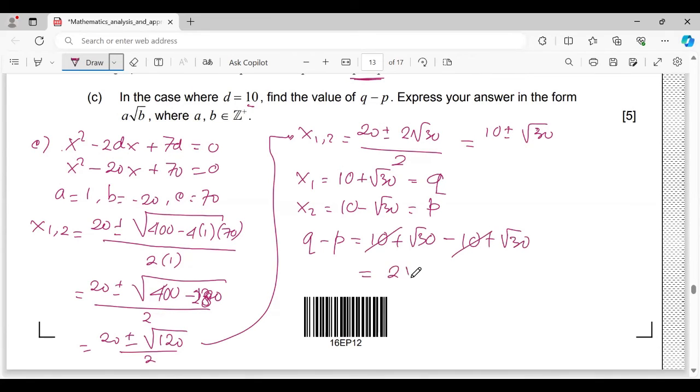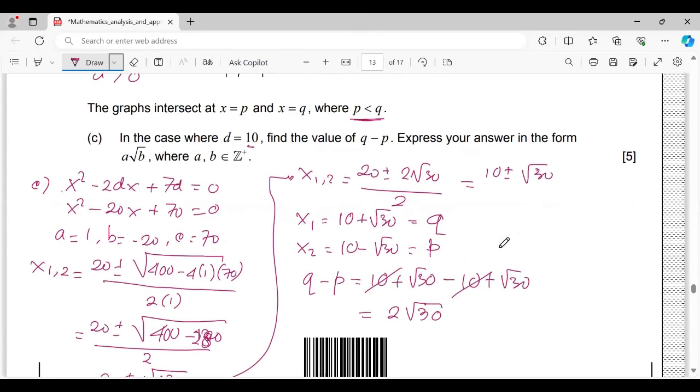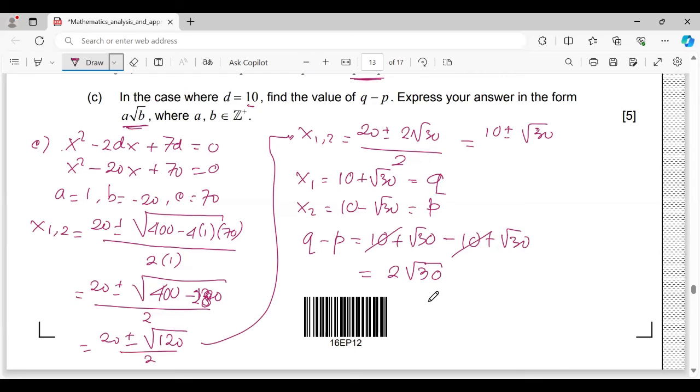It's going to be 2 square root 30. So we have to write in the form a square root b. So a equals 2 and b equals 30.